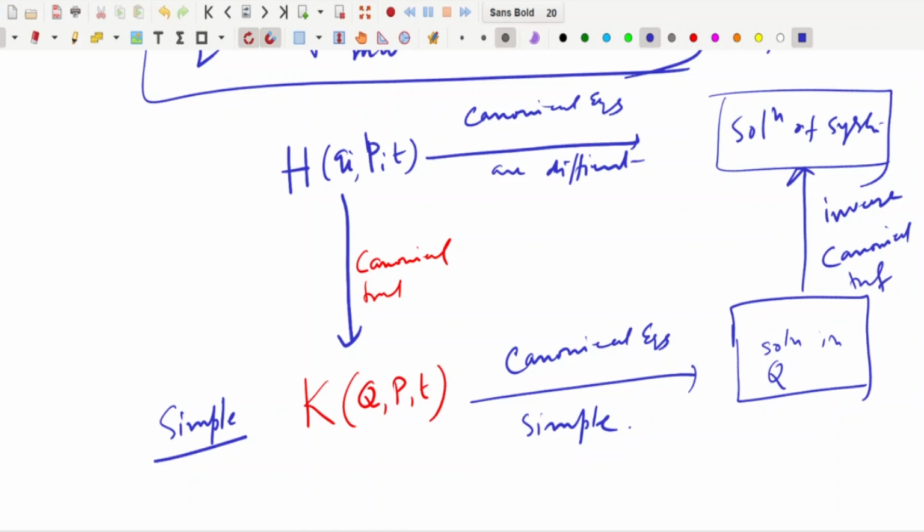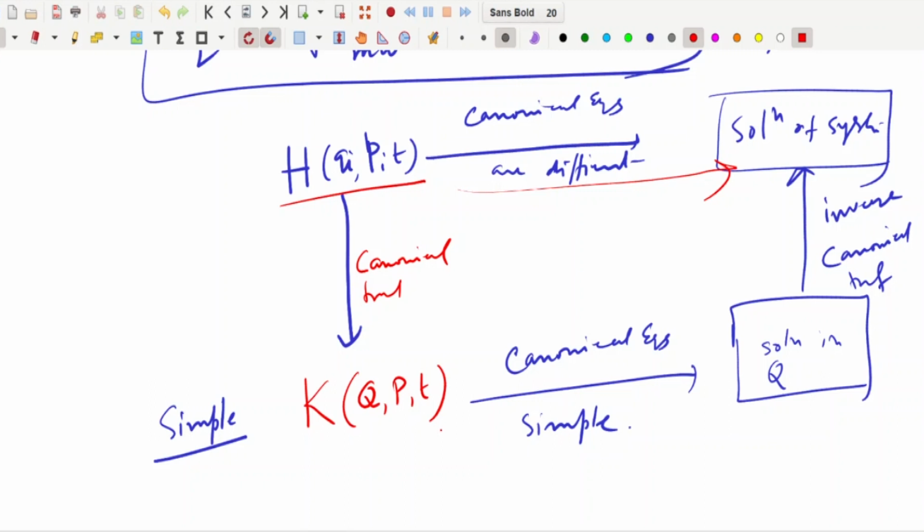So canonical transformation will have application if this happens, that going directly from Hamiltonian to the solution may be difficult. So what we do, we follow a longer route but simpler.